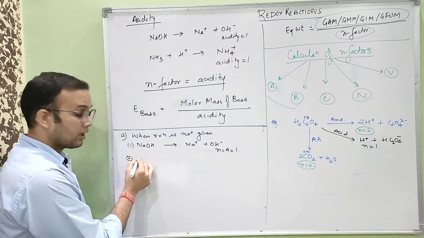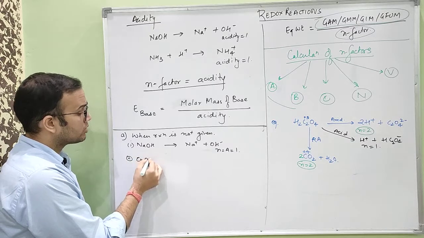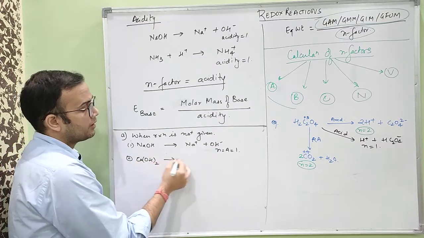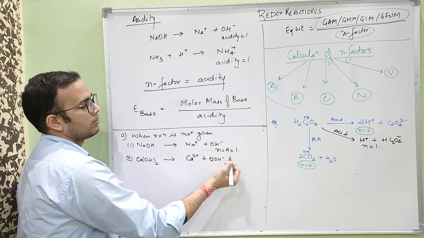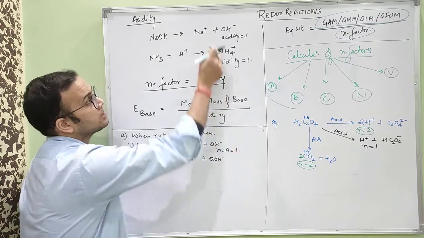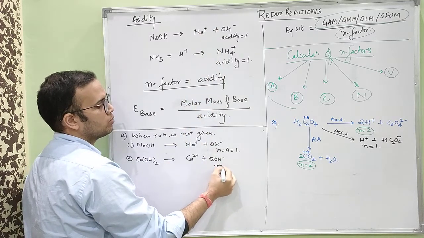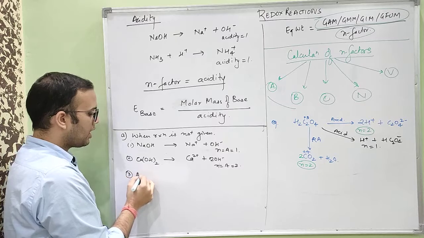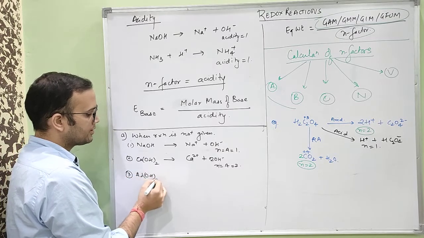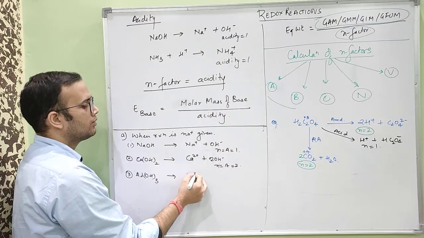Second, let's say Ca(OH) whole twice. It will break up, so how many OH minus? 2. N equals A equals 2. Same, Al(OH) whole thrice, it will give you Al 3 plus.